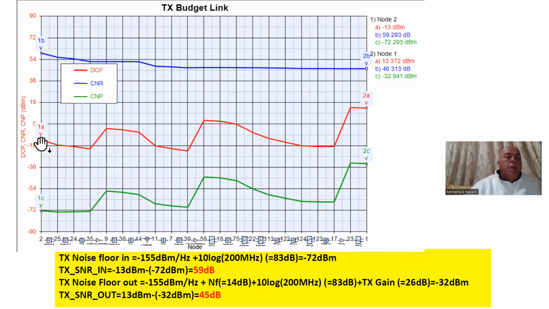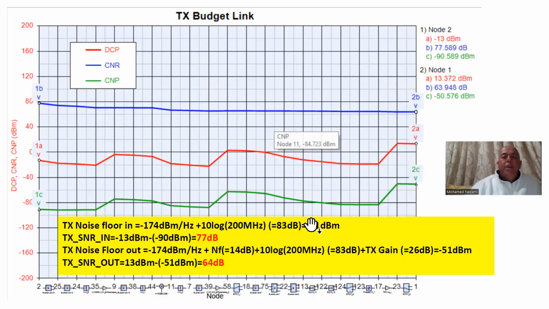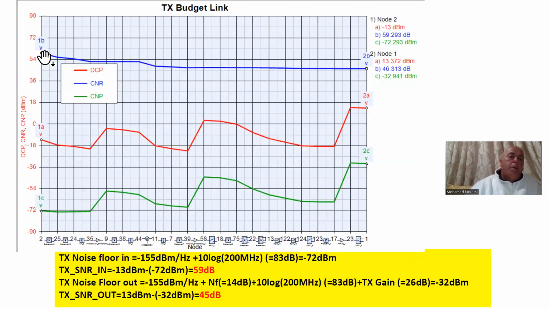I've done exactly the same thing here, except I changed the noise power density at the input of the transmitter to minus 155 dBm per hertz. So you end up with a minus 13 dBm DAC signal, and the noise power at the beginning is minus 72 dBm in the 200 megahertz, which means your signal to noise ratio is around 60 dB. That's what the DAC system really has at the beginning.